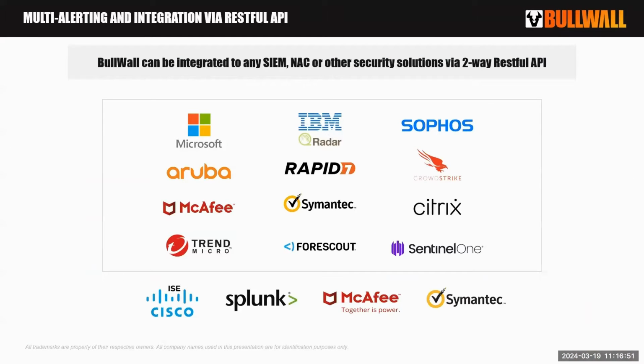And finally, before we jump to the demo, everything we've spoken about today does have a two-way RESTful API. So if it's integrating to your existing EDR solution, which could be anything from Sophos to CrowdStrike, SentinelOne, or Microsoft ATP, we can see an alert being generated, and then we can also make an API call to those technologies to make that isolation or quarantine the user.